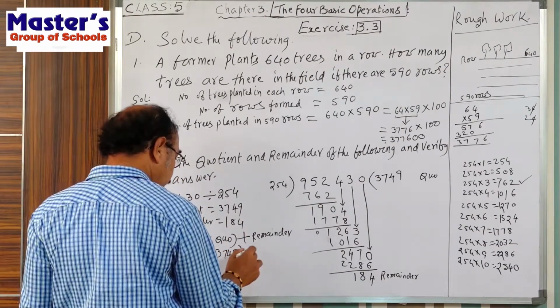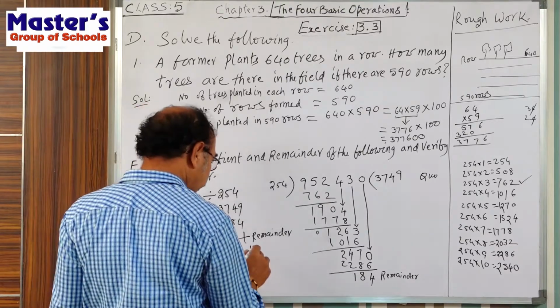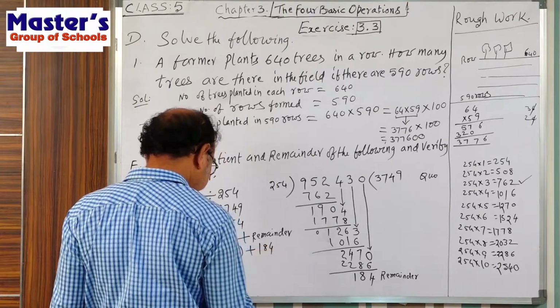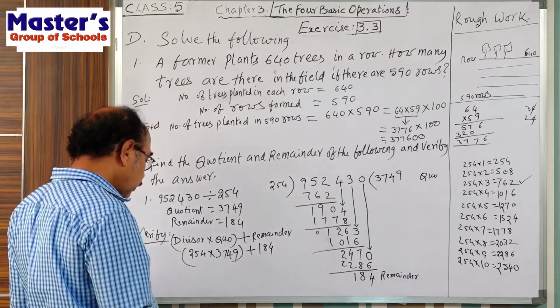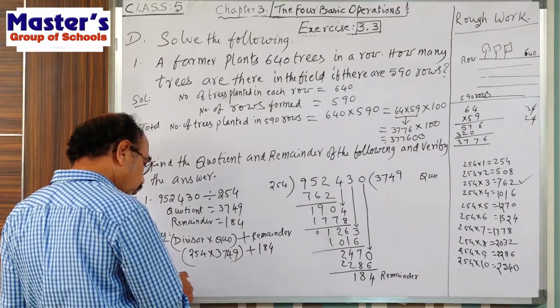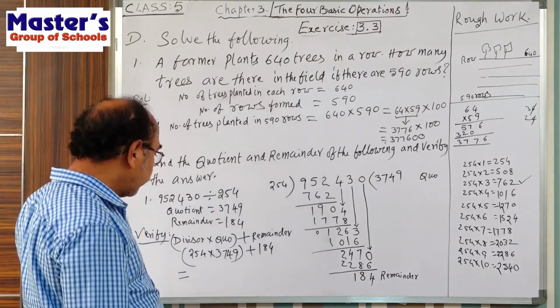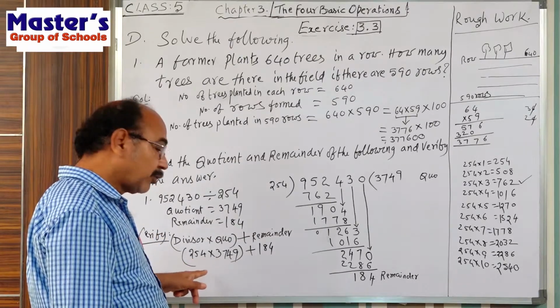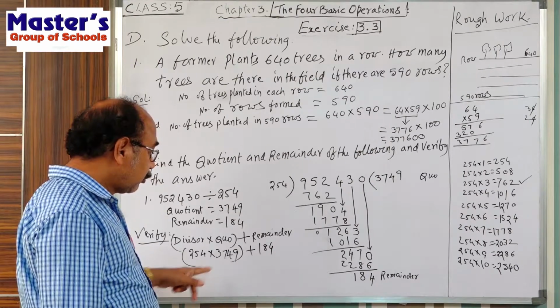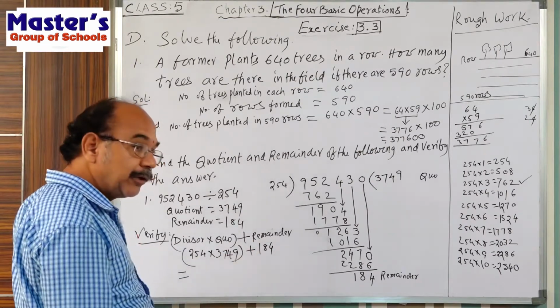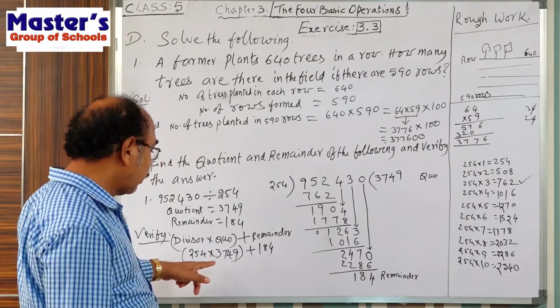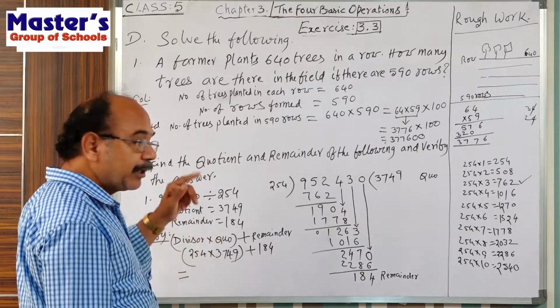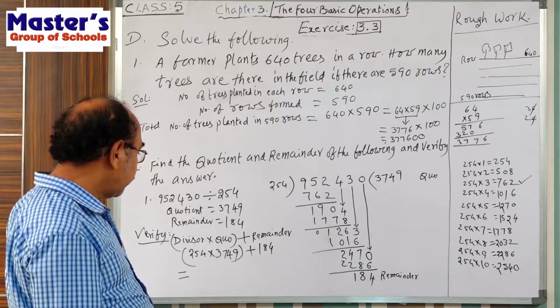Multiply these two. After that add the remainder. What is the remainder? 184. Okay, children, so multiply 3749 into 254. To that add 184. Then you will get the dividend.